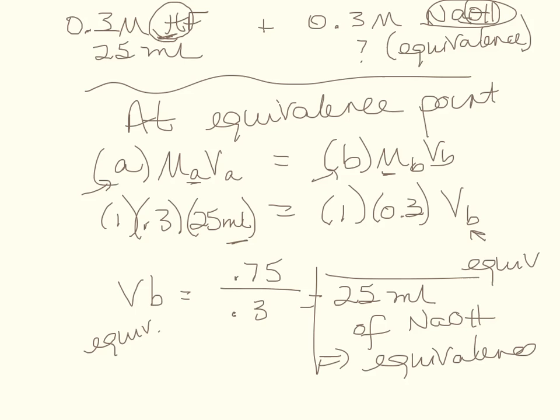So why can that help you? That can help you because at the beginning of this entire problem, you would know in your head that 25 milliliters is the equivalence point, and you can just start working the problem as you do at the equivalence point, which is to set up an ice table for the conjugate base. All right, that's it for this tutorial.